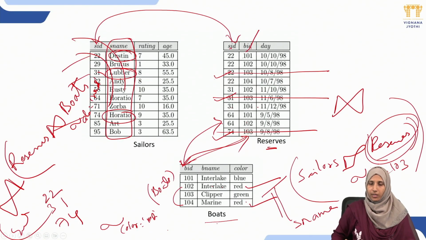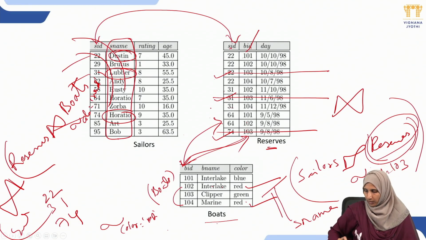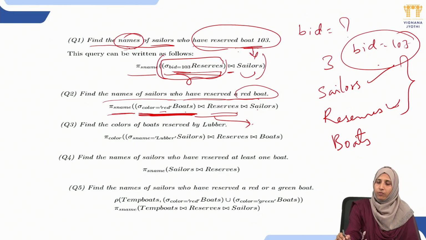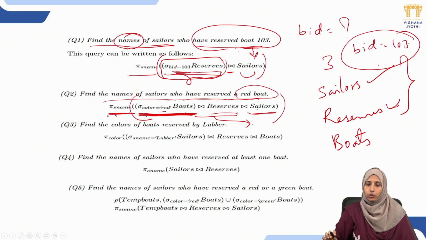Why do you need the sailors table? Because they are interested in sname, not in SID. If they were interested in SID, then from here only we would have projected the SID. Since they are interested in sname, we need the sailors table. So upon this final table, use the project operator to project sname from your complete join table.